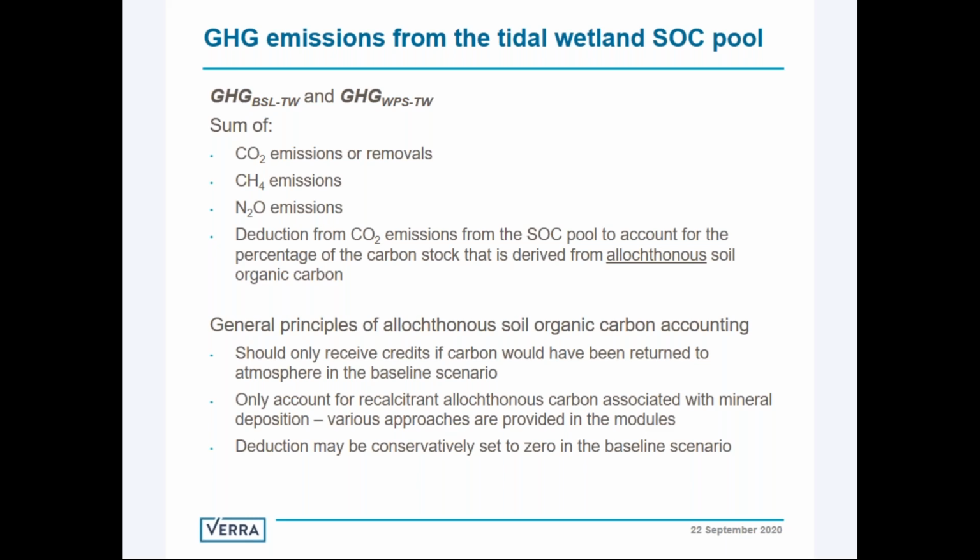And that's the recalcitrant material that comes in from upstream. Now, the general principles for allochthonous soil carbon accounting: you should only receive credit if carbon would have been returned to the atmosphere in the baseline scenario. Only accounting for recalcitrant allochthonous carbon associated with mineral deposition, and various approaches are provided for this in the modules. Deductions may be conservatively set to 0 in the baseline scenario to simplify the process if we'd like to.